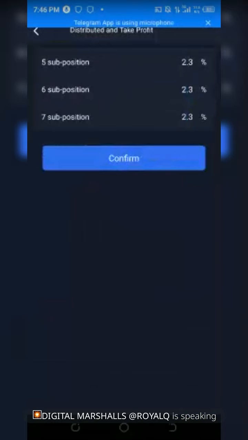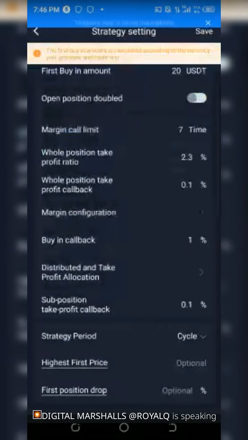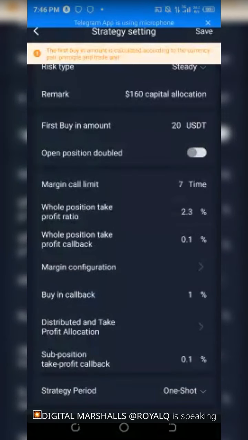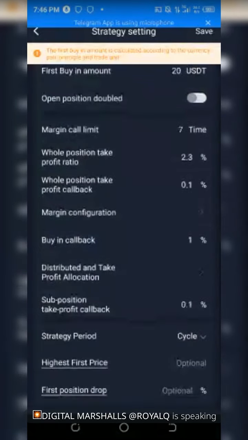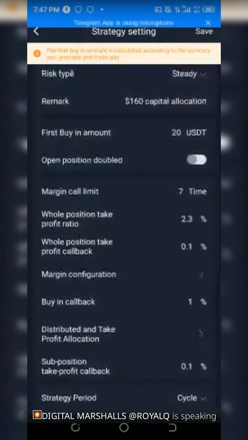You click on confirm. And then you make sure your strategy period is on cycle. You see cycle. If you tap on it, it will change to one shot. So you tap on it again, and then it will change to what? Cycle mode. For the rest of the options, it says optional, so it's not necessary for now.